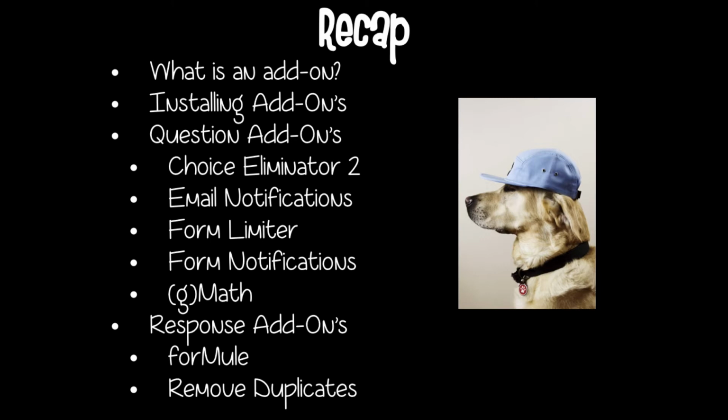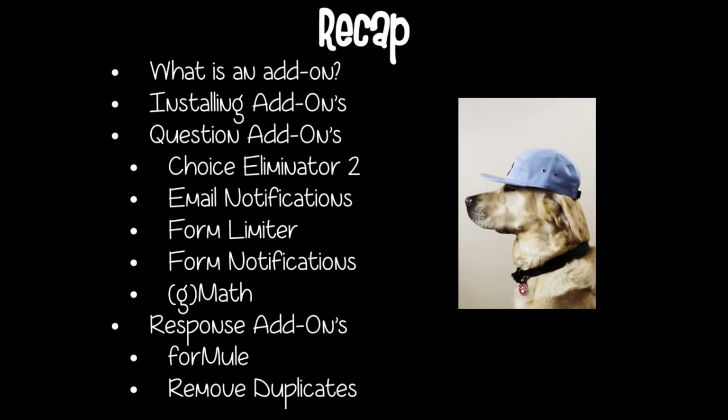Email notifications, again, notify upon form submission. You can have it notify you or other members of your team. You can also notify the respondent if you have asked the respondent their email question. Form Limiter will allow you to set limits on when the form can be taken, either by date and time, by number of submissions, or by a cell reaching a certain limit.